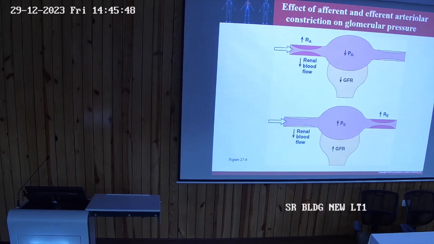Decrease होगा, but when the resistance offered is of severe type. If it is a moderate type resistance given to the efferent arteriole, what will happen initially?